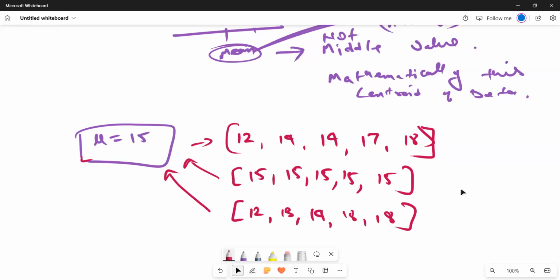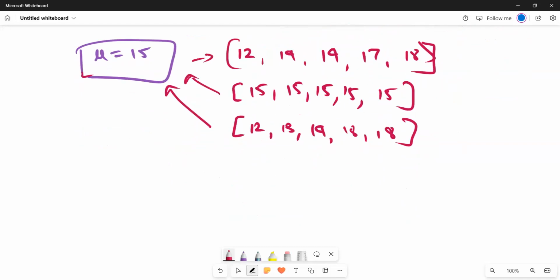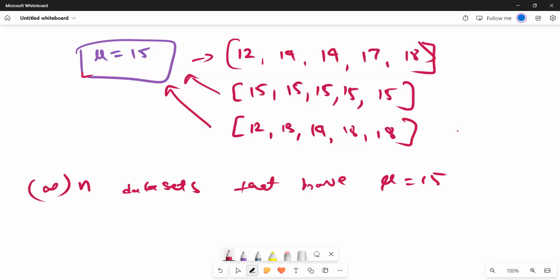In a similar way, there can be n number of data sets that can have a mean of 15, and this n can go to infinity as well. I can give you infinite data sets that have the same mean and the same number of elements. You can have the same mean but a different number of elements as well.